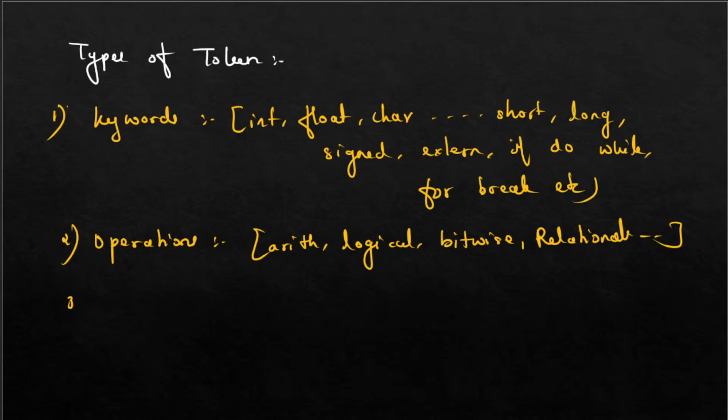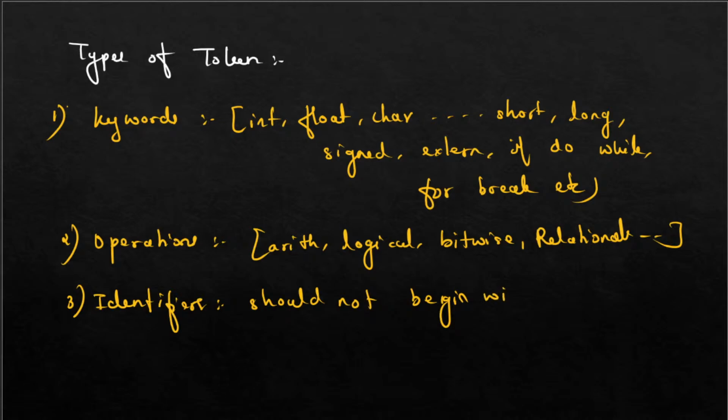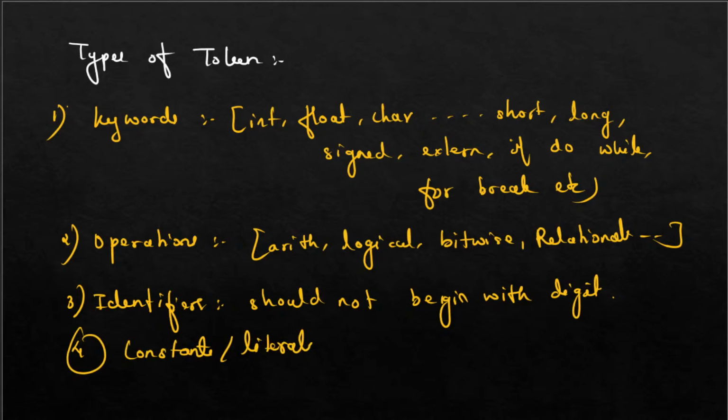So the very first rule in identifier is it should not begin with a digit. So this is the rule. Fourth is constants, which is also called literals. Fifth is special symbols.